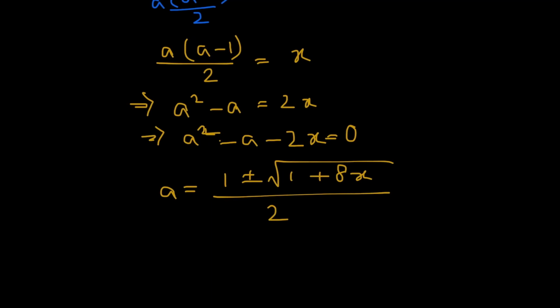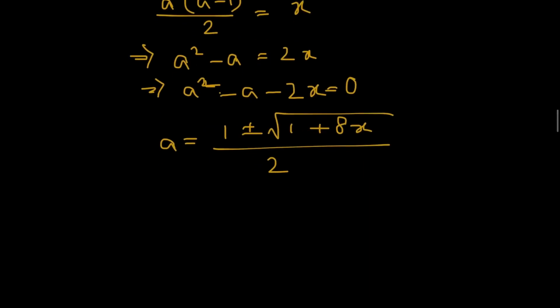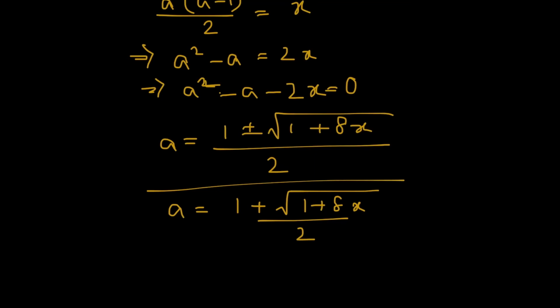Here you can easily notice that I can just remove the minus part. I don't need a plus minus. I can just deal with the plus part, because the minus part can lead to negative values, and we know that length can't be negative. So from this we get the value of A as 1 plus root over 1 plus 8x by 2. So that's how I got the value of A, right?